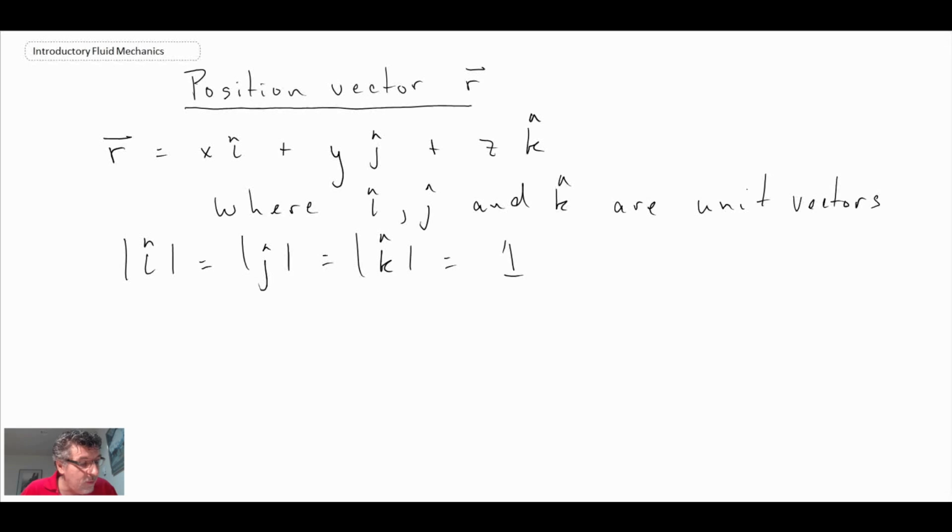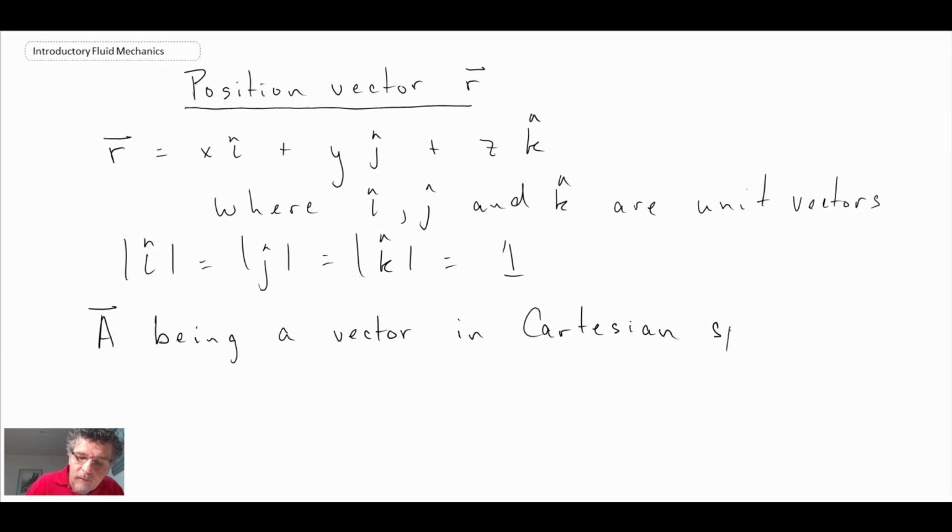And we also deal with other vectors. It could be velocity. It could be any of the other things we're looking at with fluid mechanics, but I'm just going to write it in a generic manner. Let's say that we have some vector A. And so A is going to have a scalar value in the i direction plus a scalar value in the j direction plus a scalar value in the k direction.